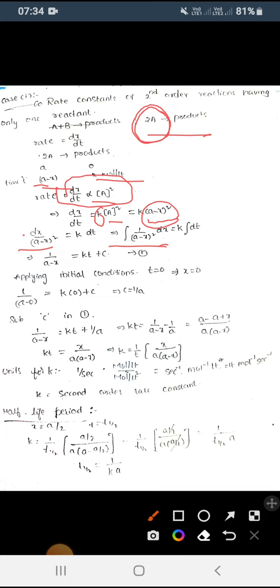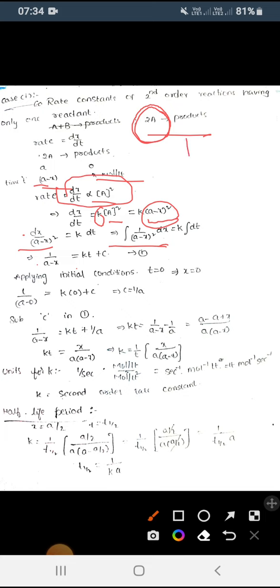As we know, the integration of 1 by x square into dx is x to the power minus 1 by minus 1, which is minus 1 by x. In the same way, A minus x whole square is in the form of 1 by x square.